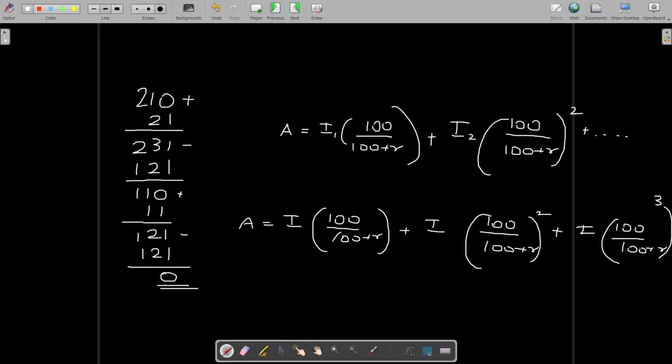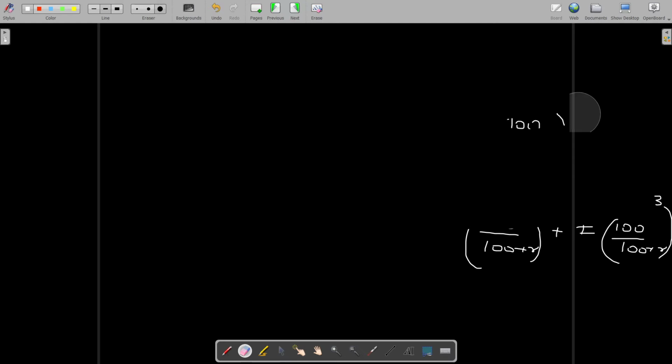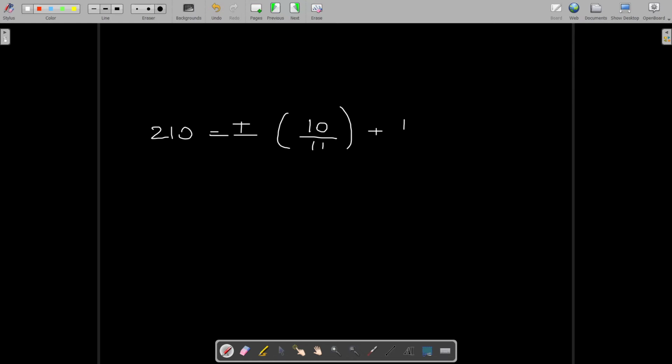Now, if you want to solve this question, you simply do 210 equals installment into 10 by 11. 100 by 100 plus R is 10 by 11 into 10 by 11 square.